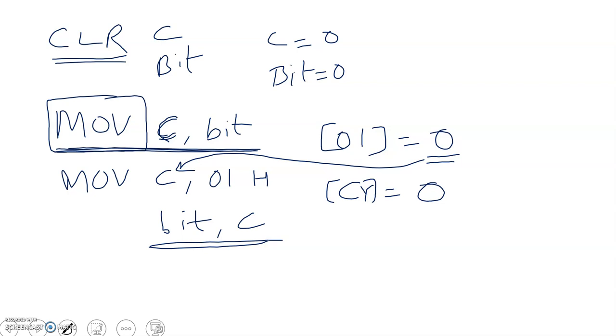Then let us take another instruction. It is ANL C, bit. ANL is AND, but this is not byte ANDing, it is bit ANDing.